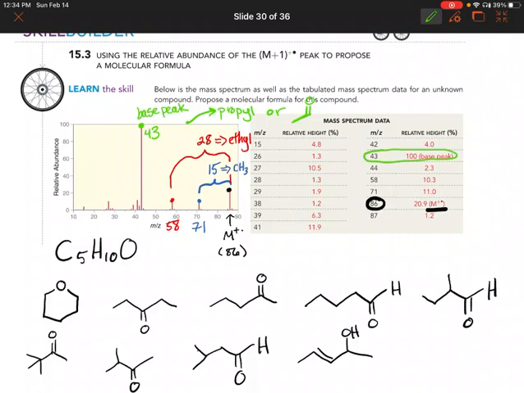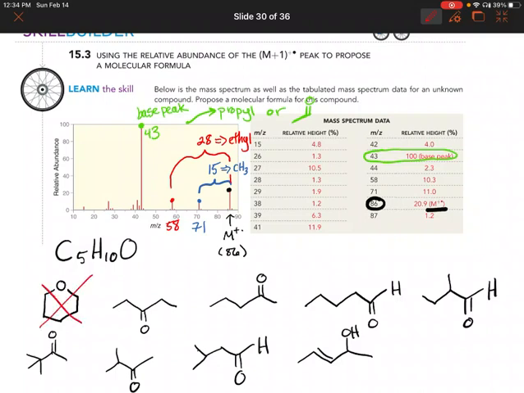Okay, so let's try to rule out some of our possibilities down below using what we figured out. Okay, so we know that we'll have a loss of an ethyl group. So are there any molecules that would not be able to lose a methyl group, or sorry, an ethyl group? Well, our ring structure would not be able to lose any of those substituents.